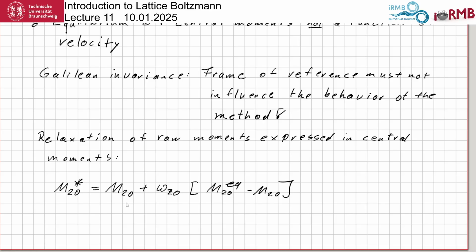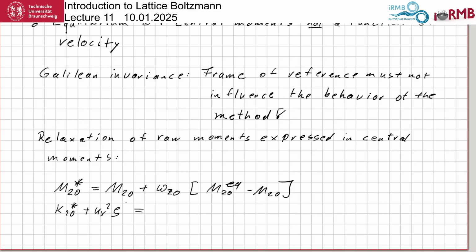So what we have to do is write K20. Now we said that K20 is M20 minus the velocity term. Now we'll have to bring this to the other side, so this is plus ux square rho.